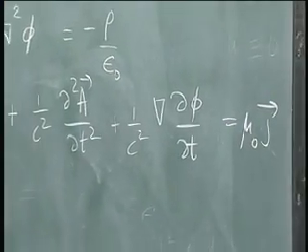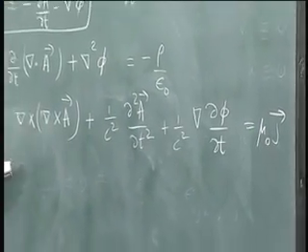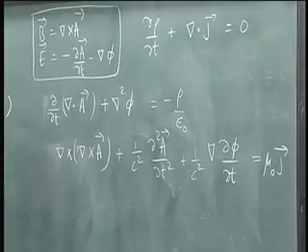And now we have this famous vector identity for the curl of a vector field, and what is that identity?